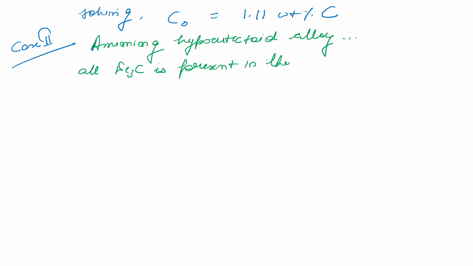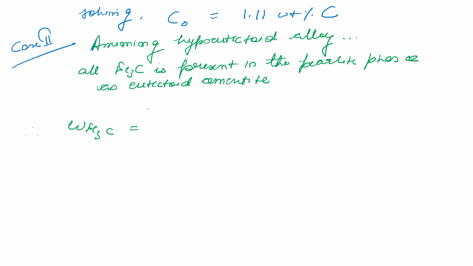Because here there is no proeutectoid cementite. It is eutectoid cementite in the pearlite phase. Therefore, we write the Fe3C equation as C naught minus C alpha divided by CFe3C minus C alpha.